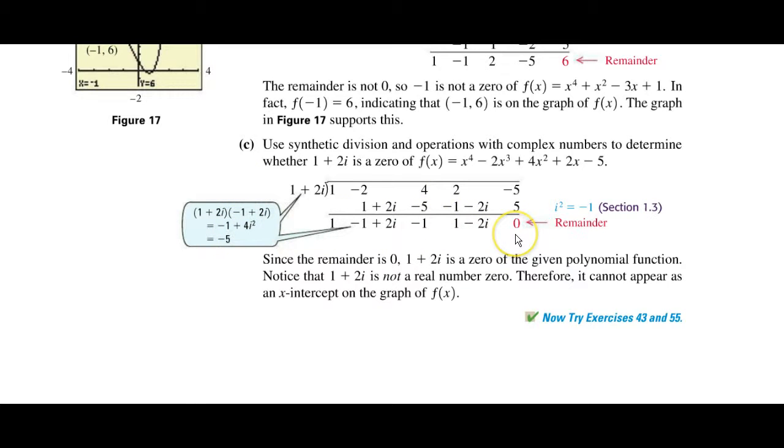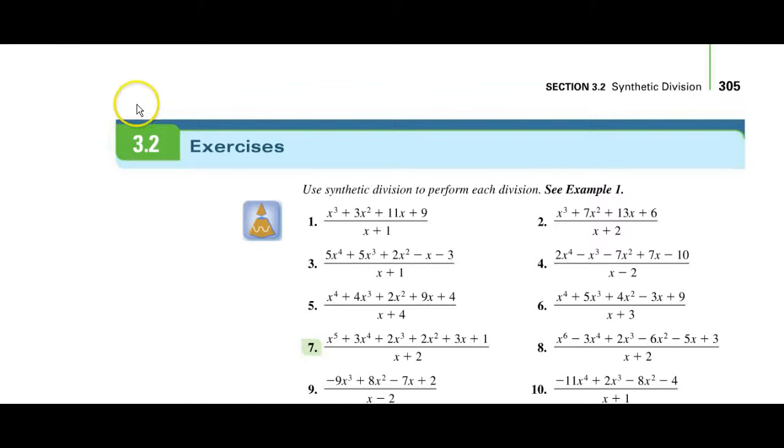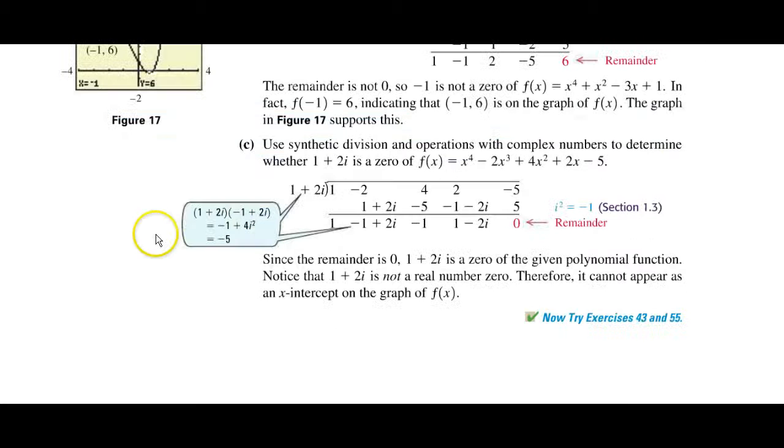It is a 0, but it's not on the x-axis. And our textbook, I believe, will show us that in the graph. Let me go back here. Well, they don't have a graph of that, but in a case of imaginary numbers, the graph itself does not go down to the x-axis. That's what makes it imaginary.